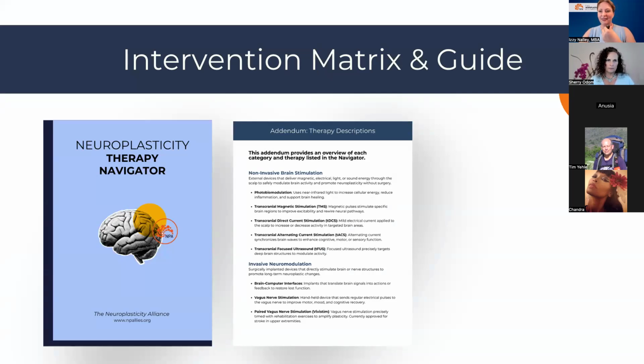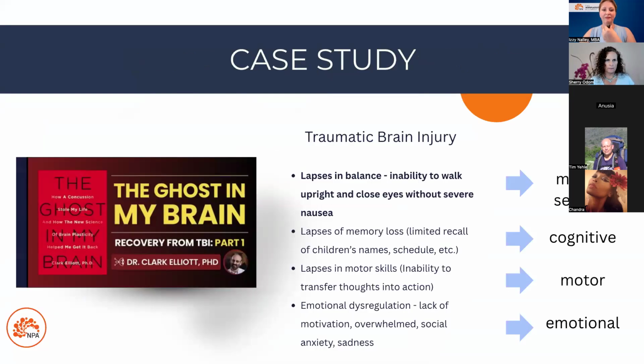The case study is with Clark Elliott. I think let's go through it now, Izzy, and I think that'll make a little more sense and help us illustrate it. Thank you. Should I pull that spreadsheet up then? Yes, if you could pull that up, I'll stop sharing and let you.